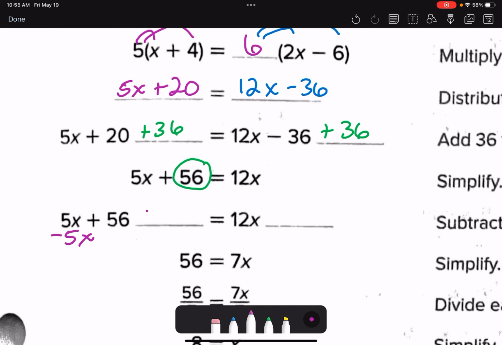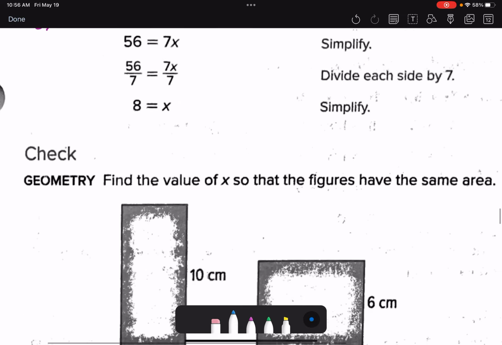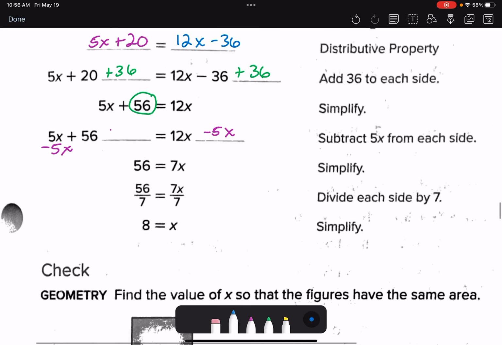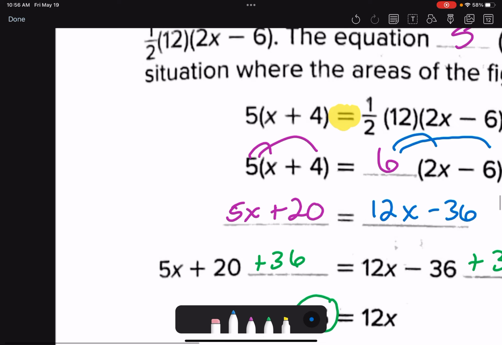You subtract 5x, and 12x minus 5x is 7x, and so you have the 56 that you already got equals 7x, and that's 7 times x. How do you get rid of that? You divide both sides by 7, and you get 8. And then you could go ahead and just plug it back into the problem and you should get the same answer. So let's go ahead and do that really quick.